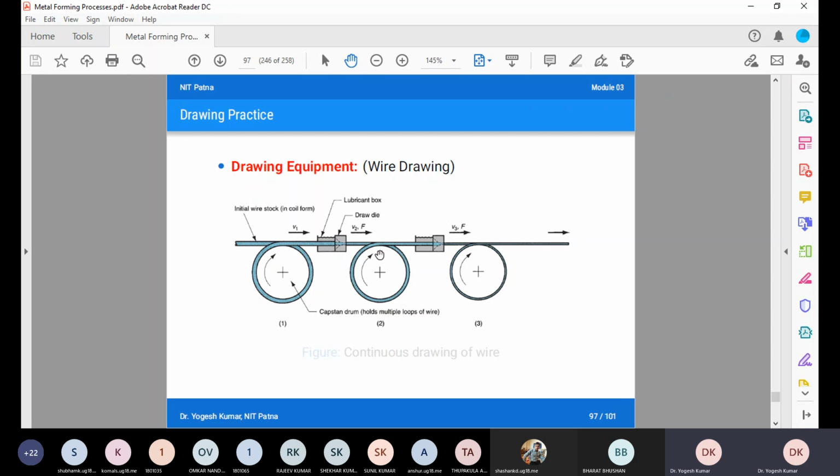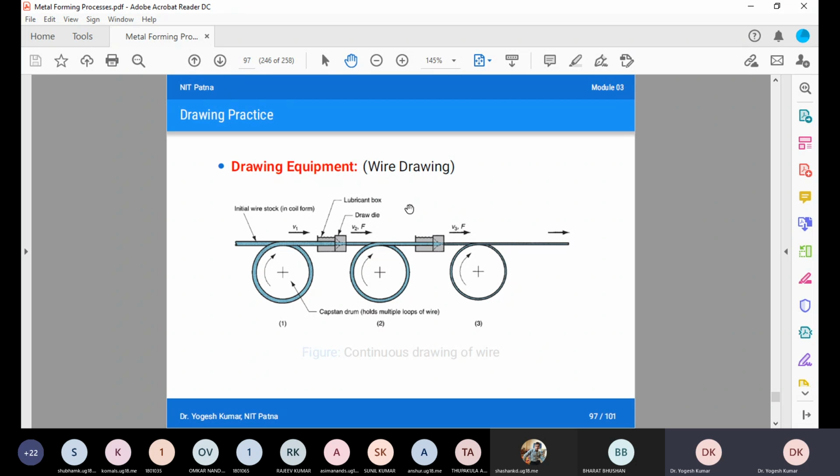This capstan drum is being rotated by a motor, and again the wire passes through a second die. After passing through the second die, it is looped on a third capstan drum, and it comes out as your final product.